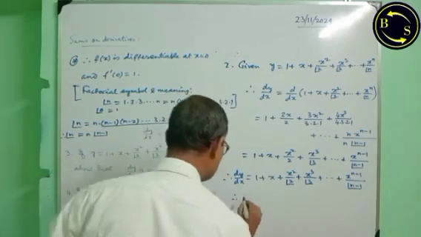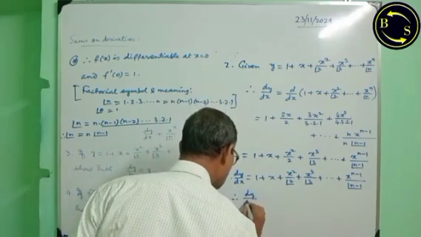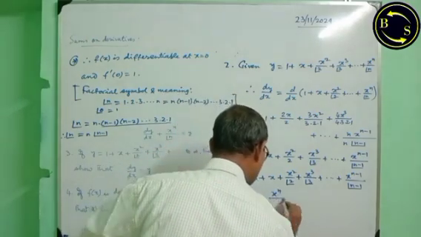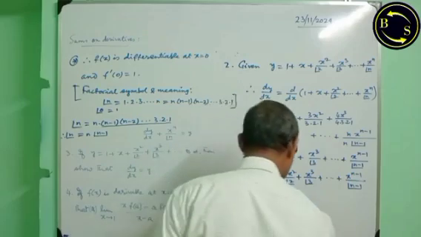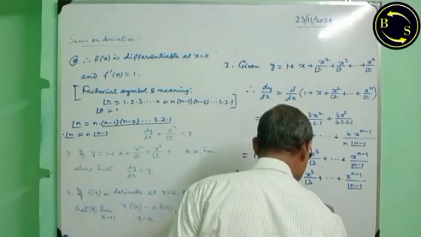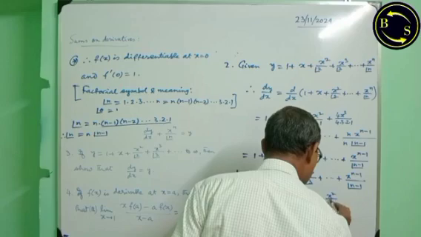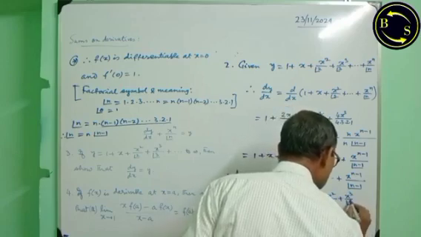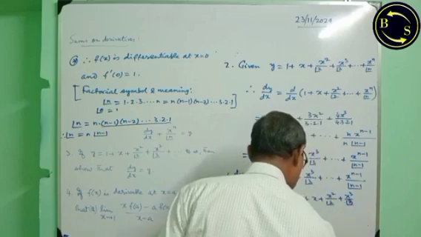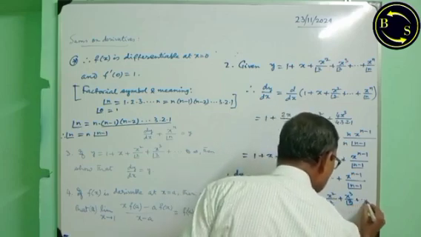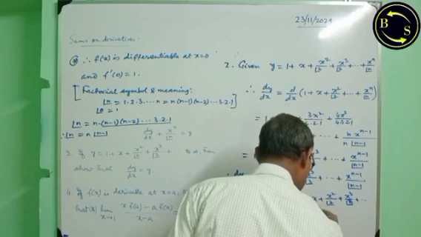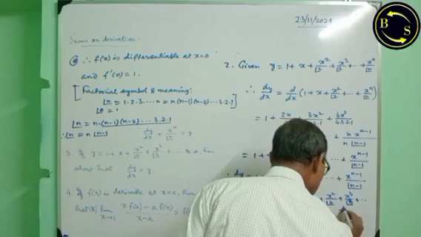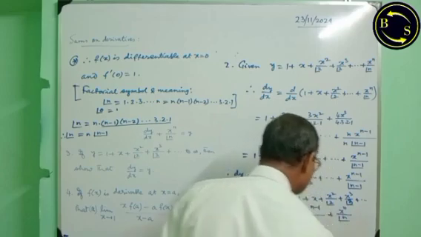Therefore, if I add this one, x to the power n by factorial n, what we get on the right side is 1 plus x square by factorial 2 plus x cube by factorial 3 plus ... plus x to the power n minus 1 by factorial n minus 1 plus x to the power n by factorial n.